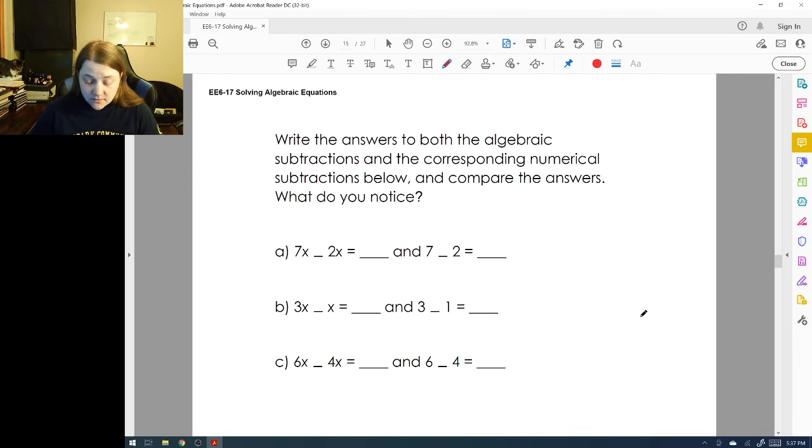Let's look at 7x minus 2x, which is going to be 5x, and 7 minus 2 is 5. When we put the same sign in that problem, we get the same answer. It's just one's dealing with the x's and one's just the number.